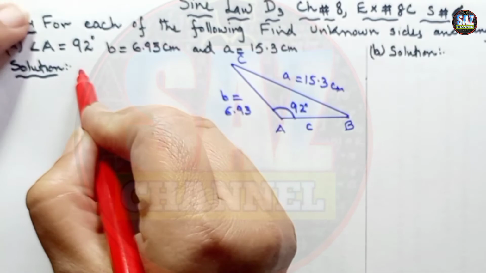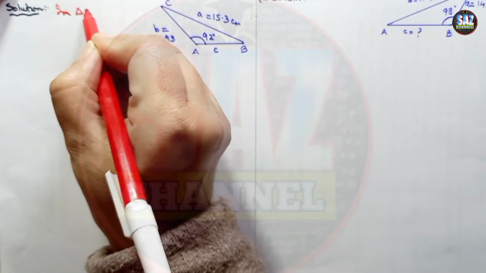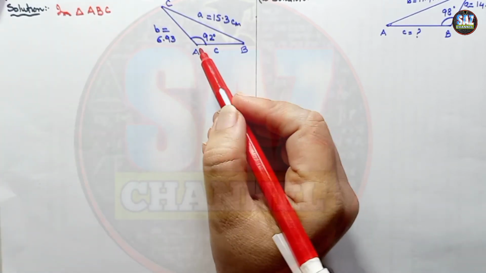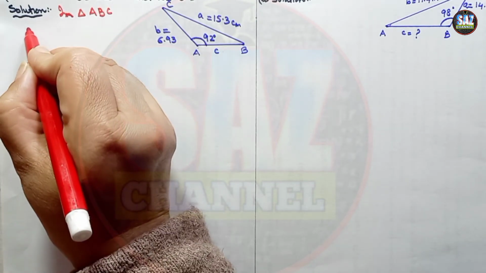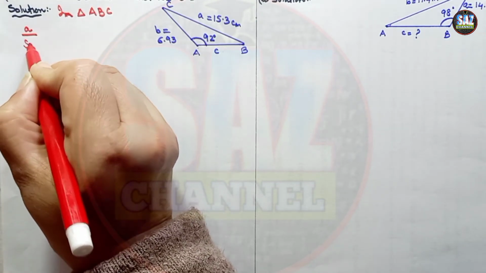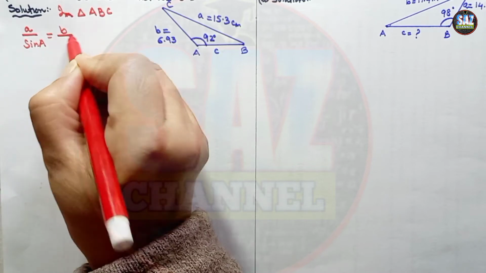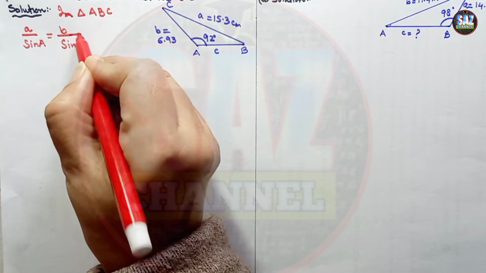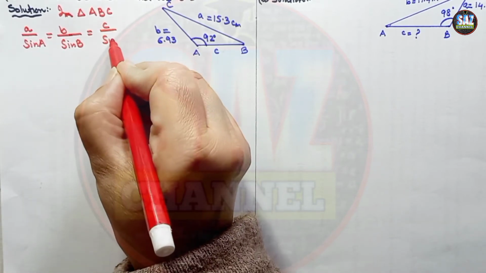So in triangle ABC, first of all we write the basic sine law equation: a upon sine A equals b upon sine B equals c upon sine C. We take the ratio of lengths with their corresponding angles.